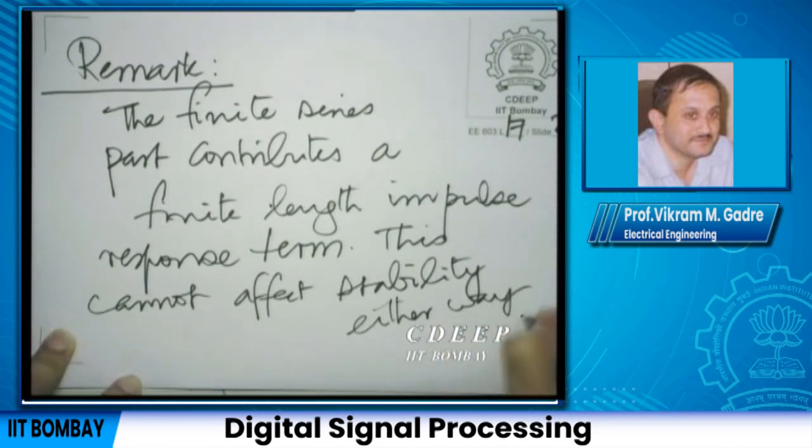So, if the other terms make the system stable, this cannot make it unstable. That is because at most this will contribute a sum which is finite; if you take the absolute sum of all these samples, it is finite, and they cannot perturb the absolute sum of the impulse response to more than what their own absolute sum is. So, it is very clear that this cannot affect the stability of the system either way. If the system is unstable, it will continue to be unstable even if you have this finite series here. So, either way it has no effect. So, we can even neglect that finite series part.